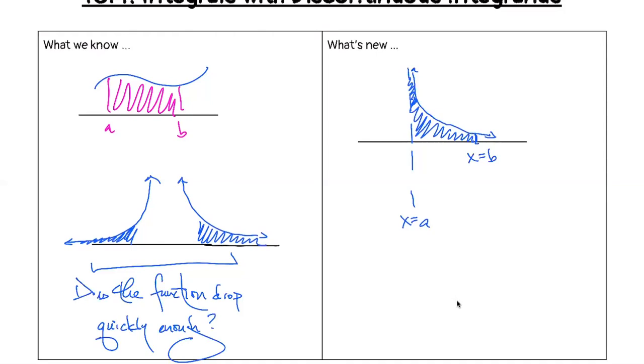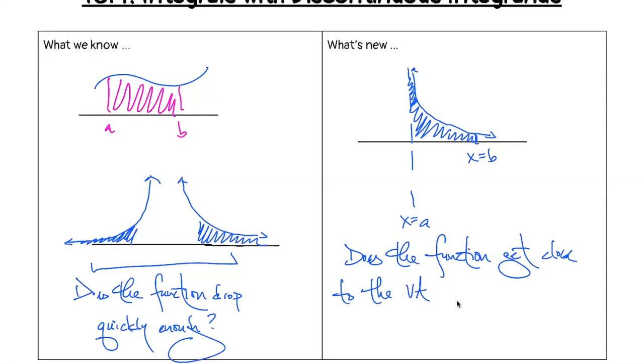But in these cases, we're looking at, does the function get close to the vertical asymptote quickly enough? So we're not looking at whether it gets close to a horizontal asymptote. We're actually looking at, does it get close to the vertical asymptote quickly enough? That's the biggest difference between 10.3 and 10.4.